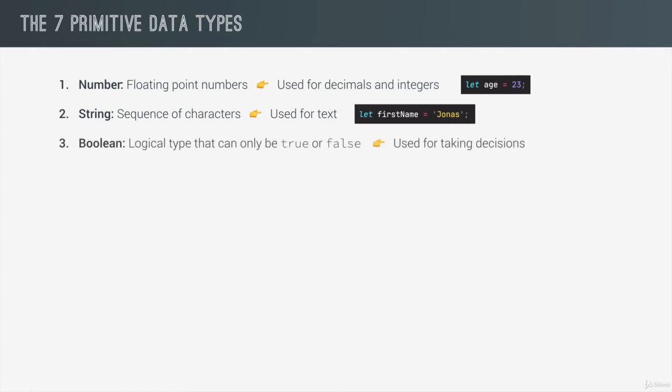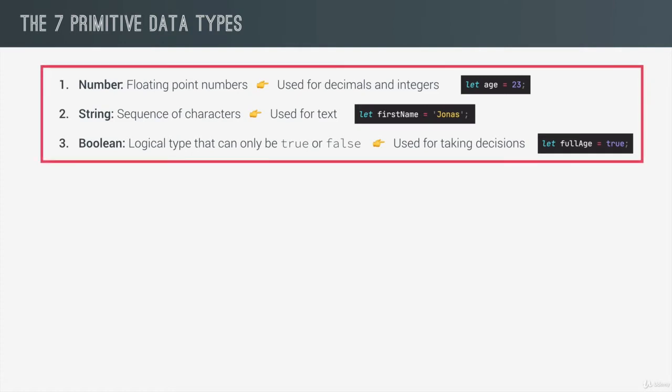The Boolean data type is essentially a logical type that can only take one of the logical values true or false. In other words, a Boolean is always either true or false. Alright? We use Boolean values to take decisions with code, as we will see later. And these are the 3 most important data types that we will deal with the most.